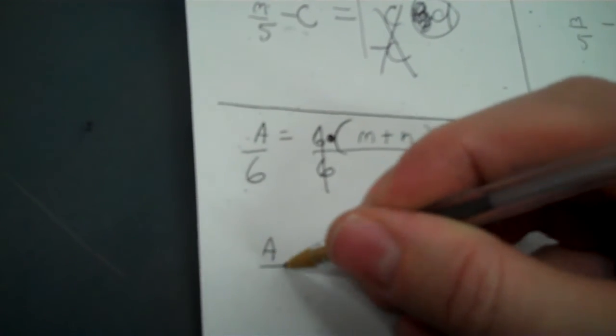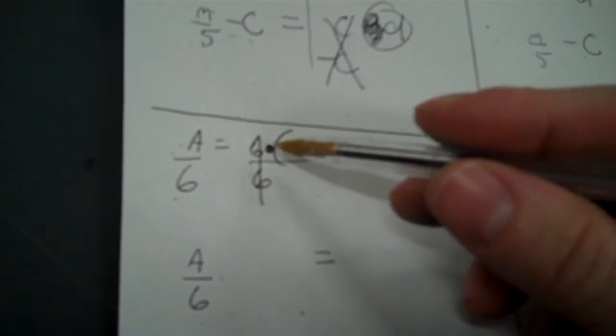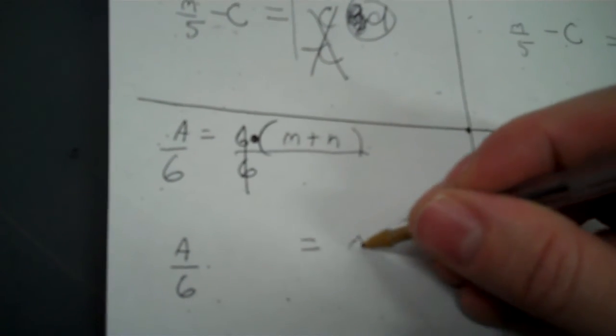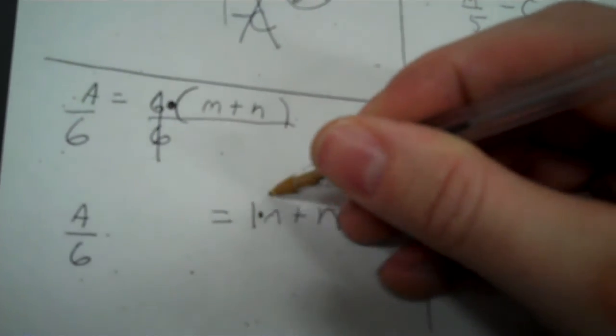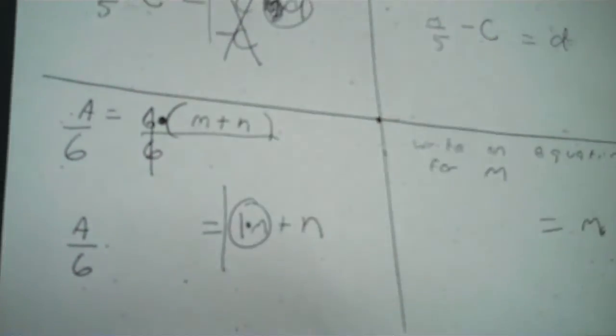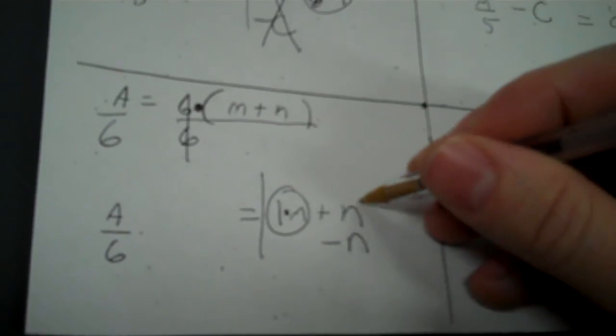So line up your equals. Over here you have the expression A divided by 6. And over here, the parentheses I don't need. If I got rid of the outside multiplier, I can just write M plus N, because there is no more multiplying. Write an equation for M. Remember, I'm trying to get the M. So I put the 1 on the M, dot circle, wall goes up. Now I have this outside, N. Just like a number, it's a positive up there, so I'm going to minus it.